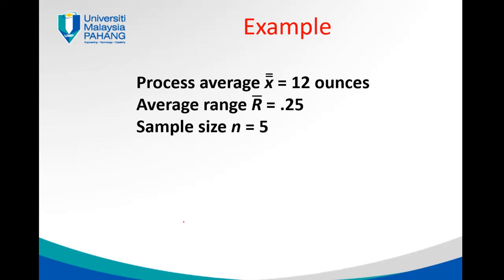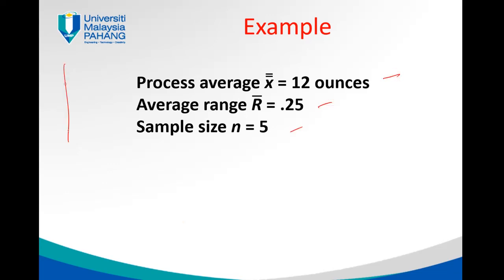Process average x double bar is equal to 12 ounces. Average range R bar is equal to 0.25, and the sample size n is equal to 5. In this example, these numbers are directly given, but normally in the question this information is not given.